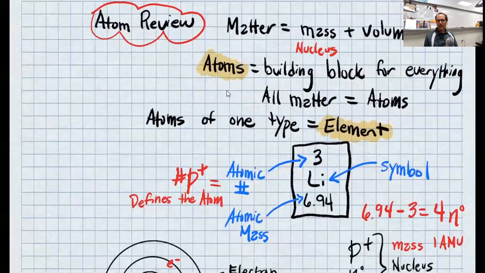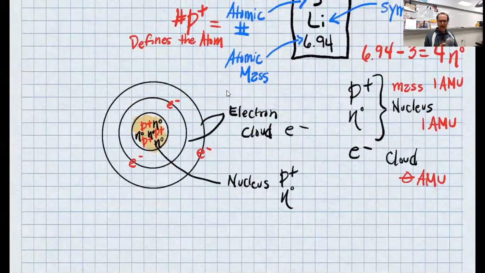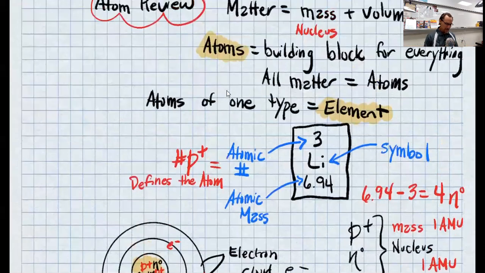And what's also interesting is that the volume part of that atom is actually all in the electron cloud, because that nucleus is extremely small and extremely compact, so it doesn't really have any volume per se; all the volume, all the space is in that electron cloud.